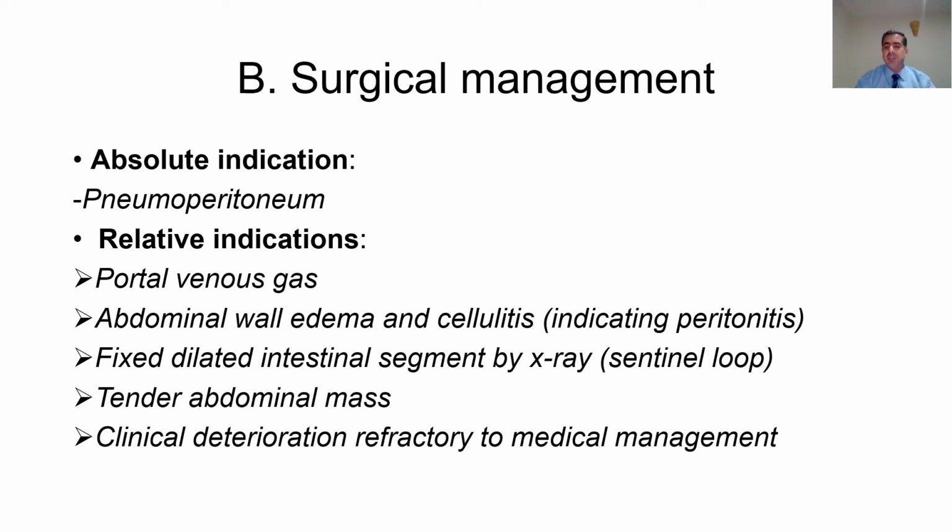Abdominal wall edema and cellulitis, which may indicate peritonitis, is another relative indication for surgical management. A fixed dilated intestinal segment by X-ray, or sentinel loop, is an indication for surgical intervention. A tender abdominal mass is another relative indication for surgical management, as is clinical deterioration refractory to medical management.